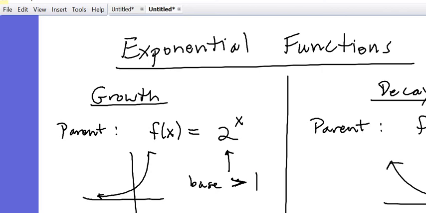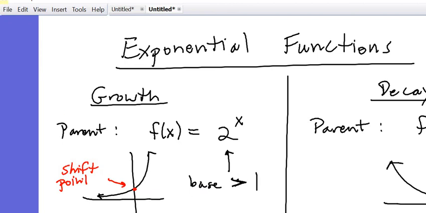Now, another special feature about the parent growth and decay functions is that there is a point 1 unit above the asymptote on the y-axis, so it will be your y-intercept, that we're going to call the shift point. Now, another teacher may not call it the shift point.